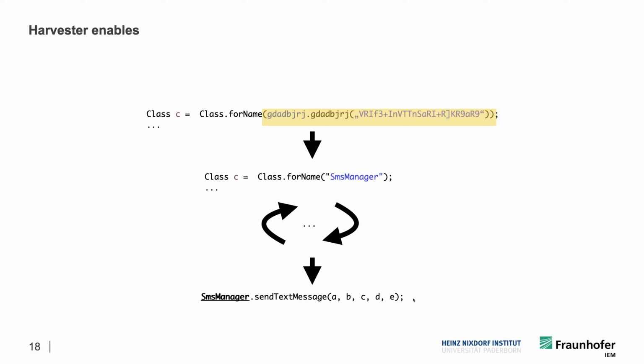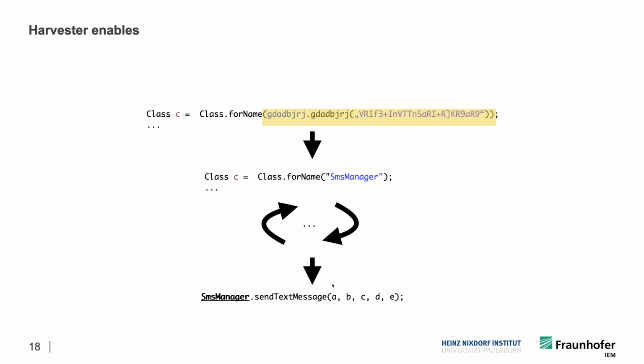And the way Harvester implements this is by literally embedding these calls. So it's literally replacing on the Jimple representation this Class.forName call by this one, and the appropriate method invoke call that is seeking to invoke sendTextMessage is really replaced using Jimple again by such an invoke statement here.